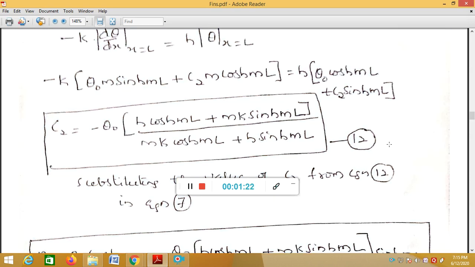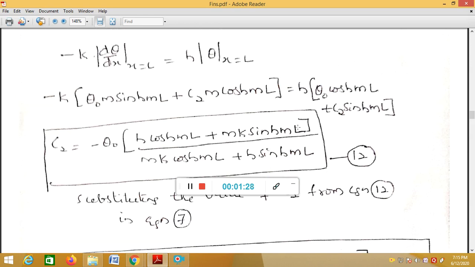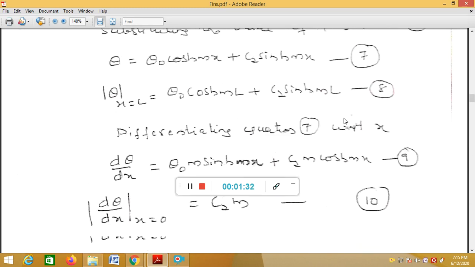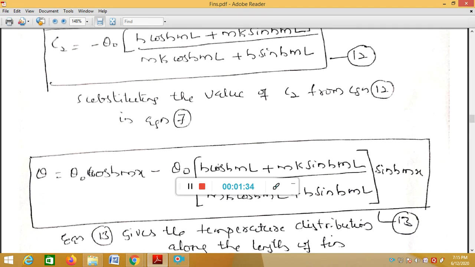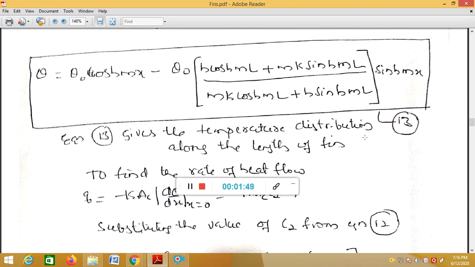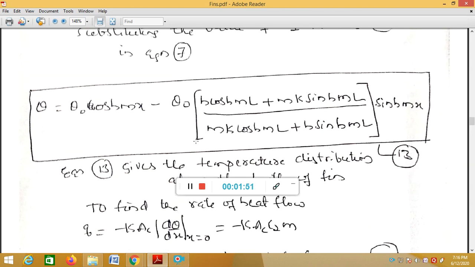So putting this value of C2 in equation number 7, we will get the equation for the temperature distribution along the length of the fin. Theta equals theta 0 cosh mx minus theta 0 (h cosh mL plus mk sinh mL) divided by (mk cosh mL plus h sinh mL) times sinh mx. So this gives the temperature distribution along the length of the fin.